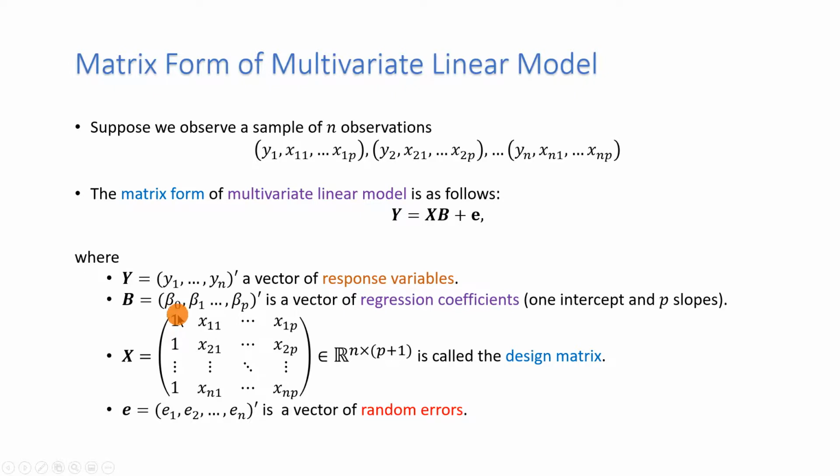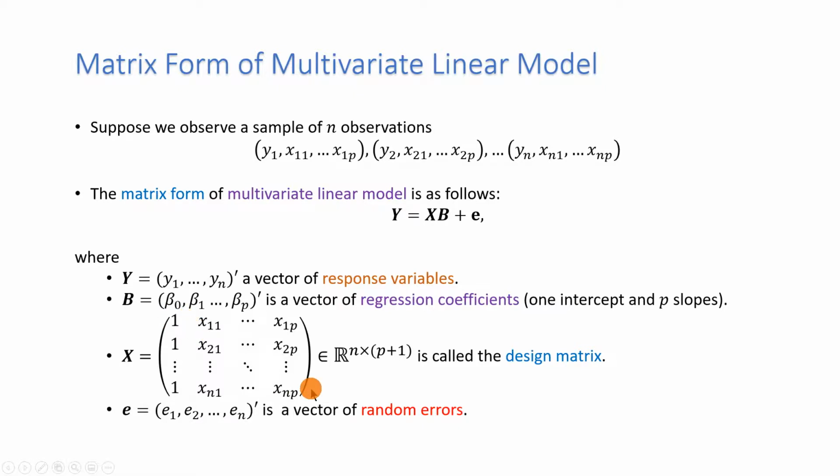And we add an additional entry 1 in the first column because we want to include the intercept beta 0 in this linear regression problem, right? So recall that we have yi equals beta 0 plus beta 1 times xi1 plus beta 2 times xi2 until beta p times xip, right? So you can decompose beta 0 as beta 0 times 1, right? So by including this 1 here, we are able to have x with an adequate size to multiply with this vector b, and we have beta 0 times 1 to indicate it's the intercept parameter.